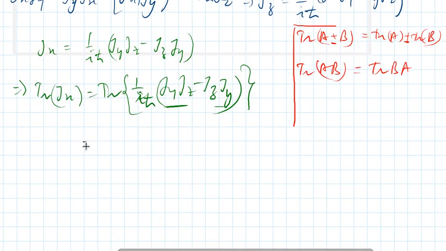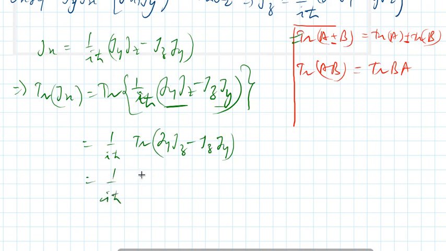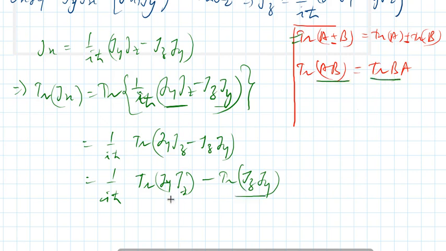The constant can be taken outside, so it is 1 over iota h cross, trace of (Jy Jz minus Jz Jy). Using the property, this can be written as 1 over iota h cross times (trace of Jy Jz minus trace of Jz Jy). But using this property, these both are equal.